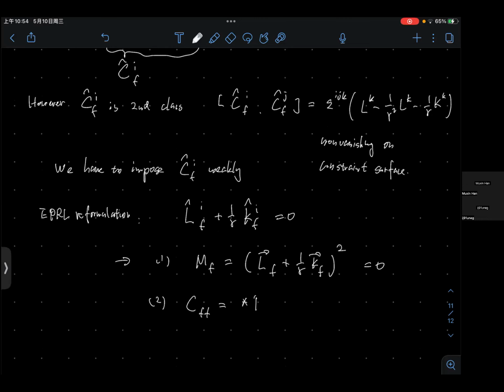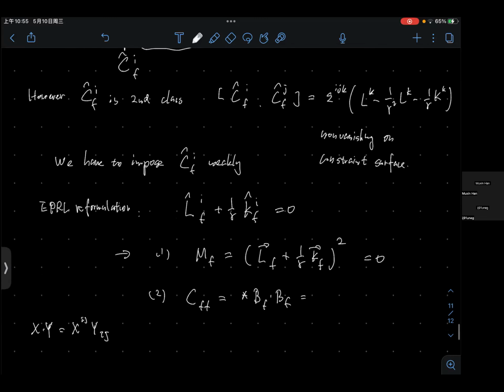So this is just star B_F dot B_F. Here x dot y means x_ij y^ij. Okay, this is just the inner product in the SU2 or SL2C Lie algebra.